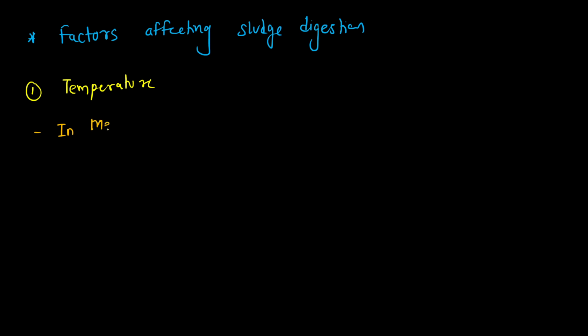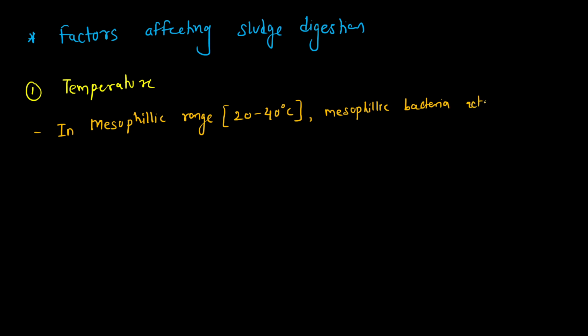The first one is the mesophilic range, and this range is between 20 degrees to 40 degrees. In mesophilic range, mesophilic bacteria act.